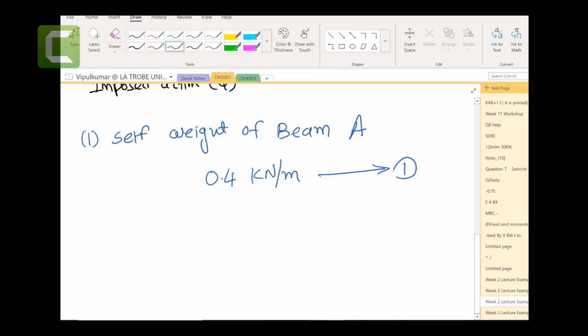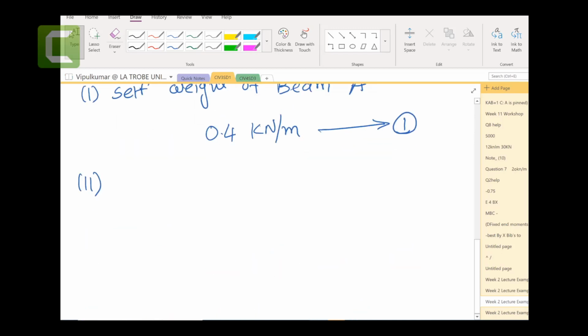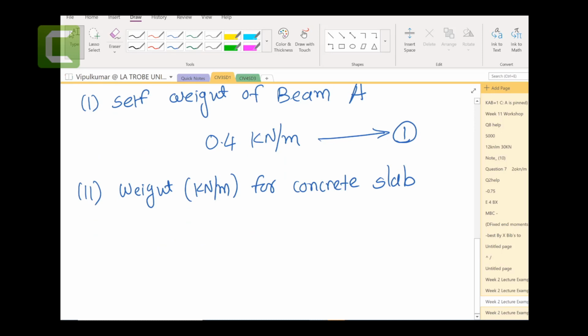This is number one. Number two, it will carry this concrete slab. So the weight in kilonewton per meter for the concrete slab. Now, we did the concrete slab before.